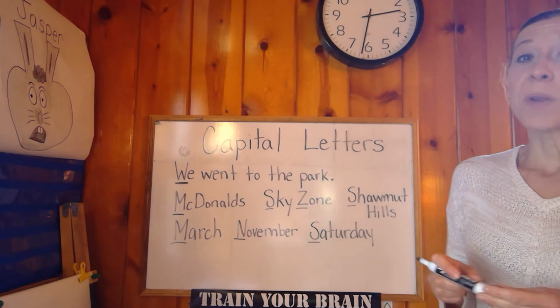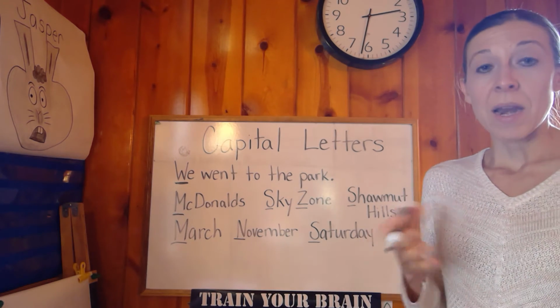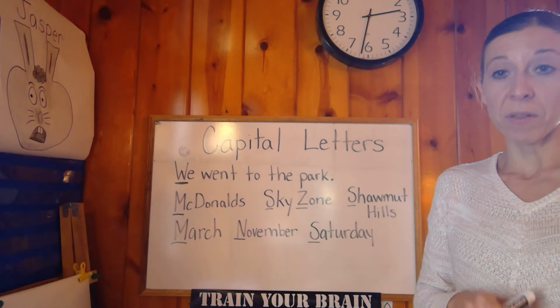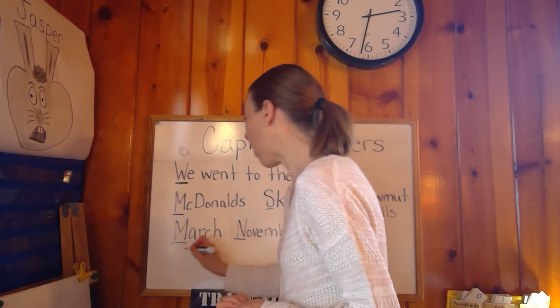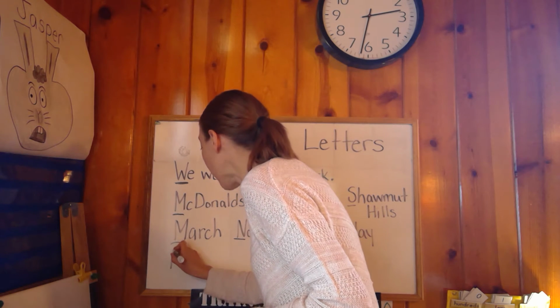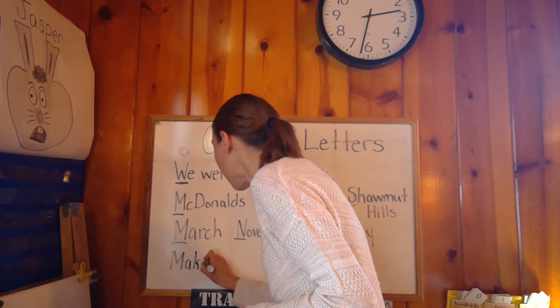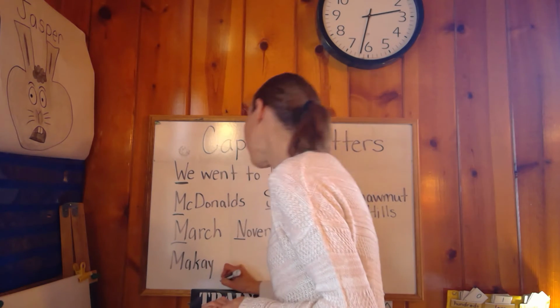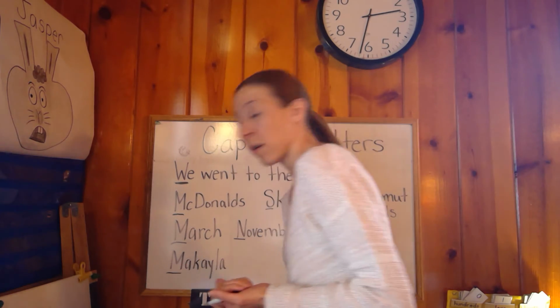Another reason you would need a capital letter is if you're talking about somebody's name. Names always start with a capital letter. So for example, if I was talking about Michaela, I would have to have a capital M because that is her name. And names always start with a capital letter.